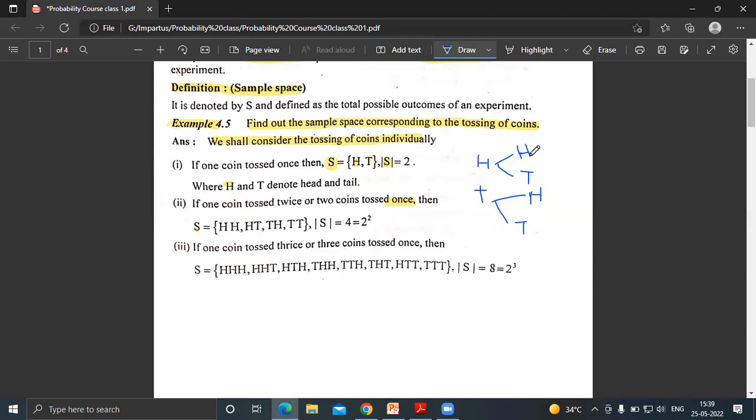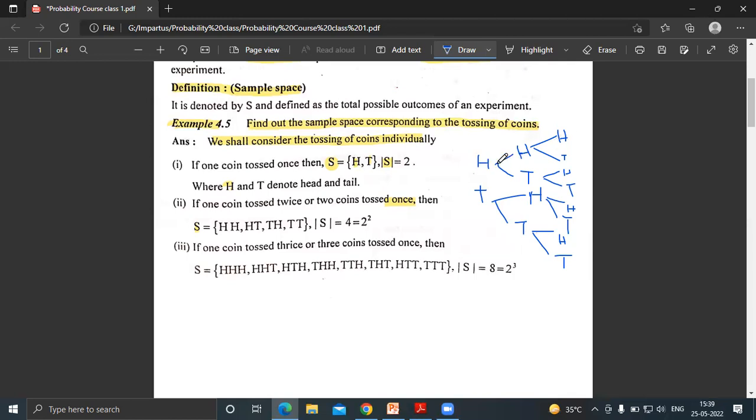So I'll take again H having, look at this tree, H and T, T having, if we toss another time, H and T. Similarly, H having outcomes H and T, and T having outcomes H and T.